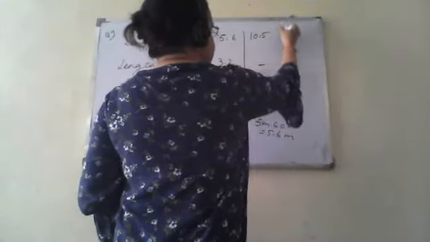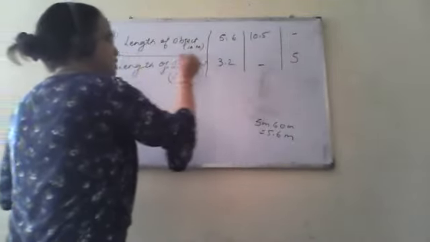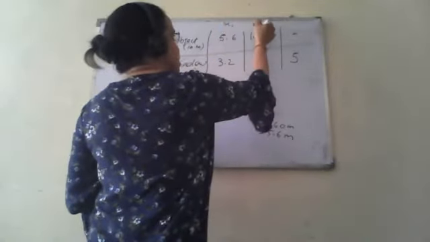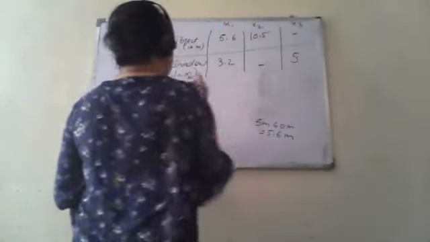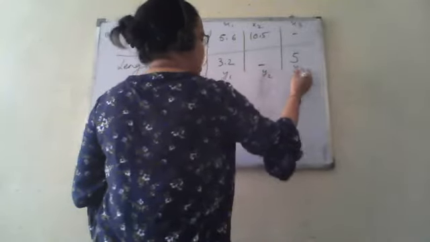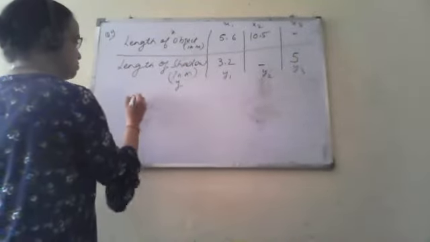There the length of shadow is given, we have to calculate the length of object. So this is again very simple. This is our x, this is x1, x2, x3, this is y, this is y1, y2, y3.